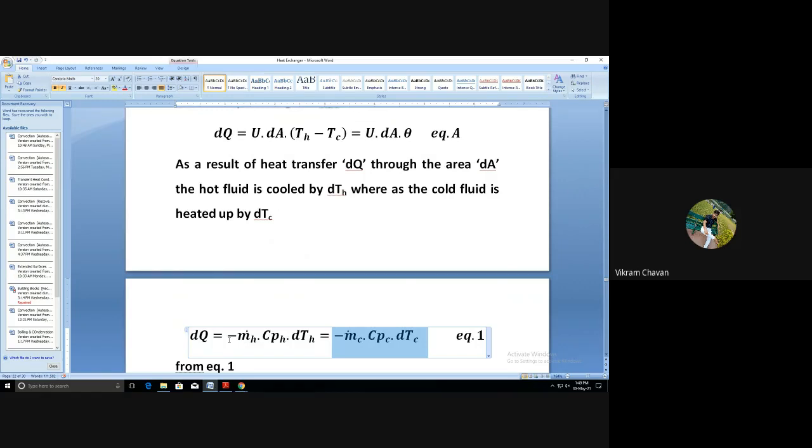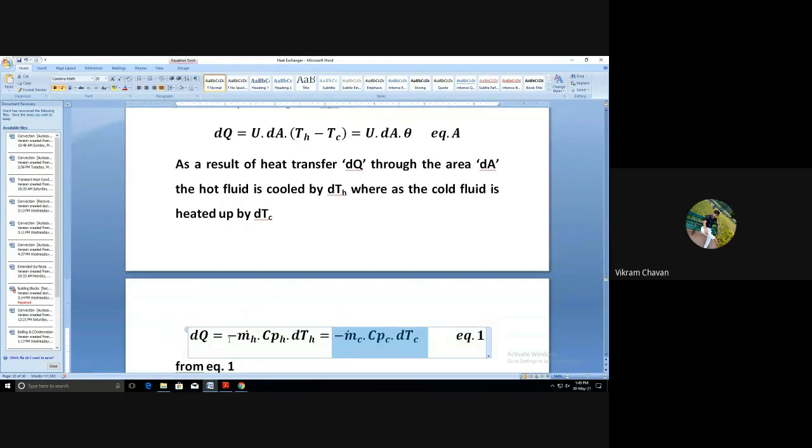But in this case, both fluids have a decrement in their temperature while moving over the length of the heat exchanger in the positive x direction, so the heat transfer for both the hot fluid and the cold fluid must be considered negative.